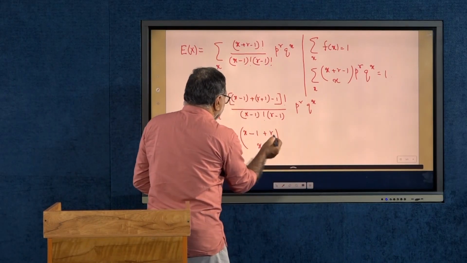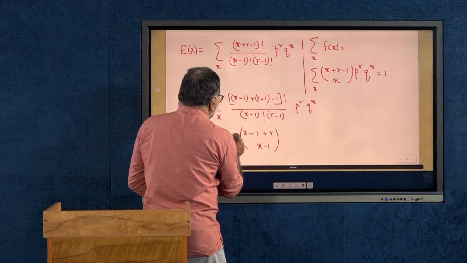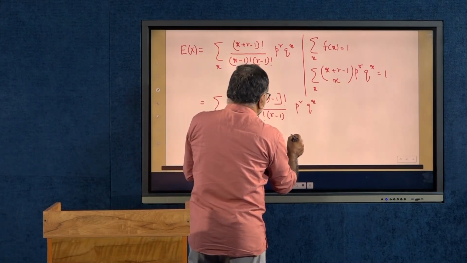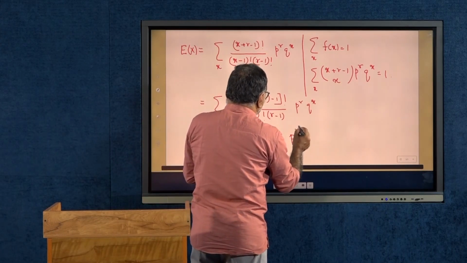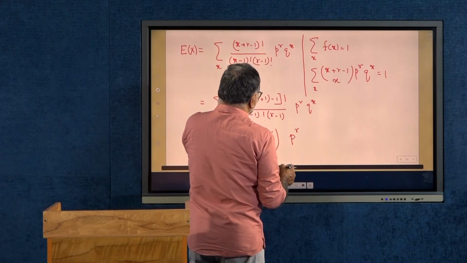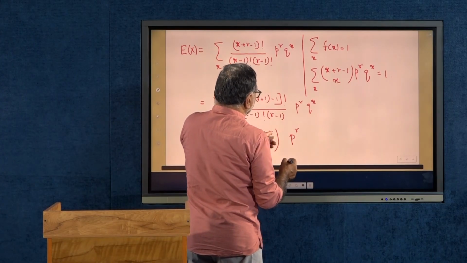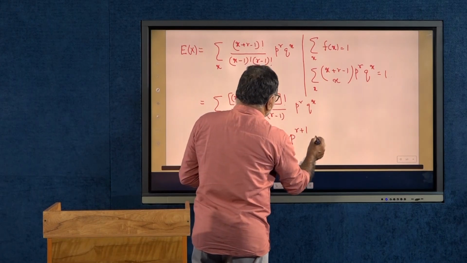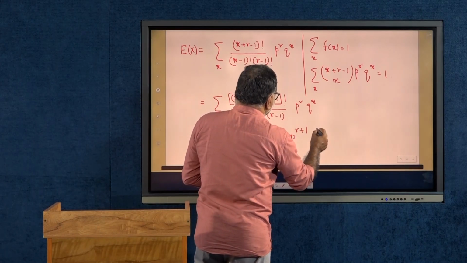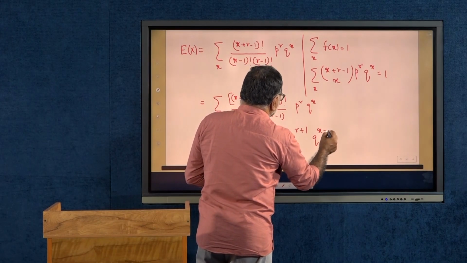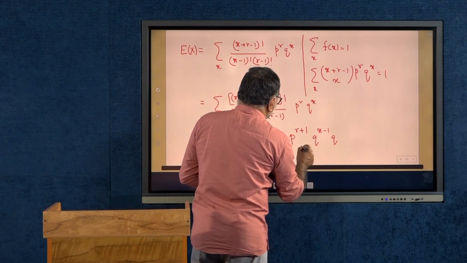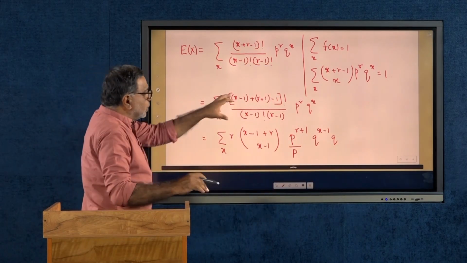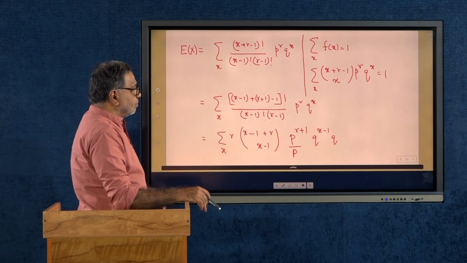And to get that, we need one more r here. Let me make this p power r, and here instead of r we have r plus 1. So, let me write this p power r plus 1 and q power x minus 1 into q divided by p. So, altogether these are the changes.